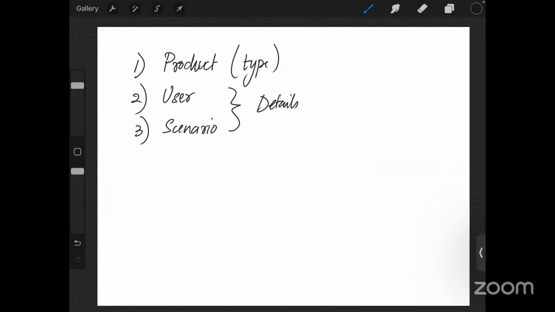By details, I mean the mechanisms, the aesthetics, materials, etc.